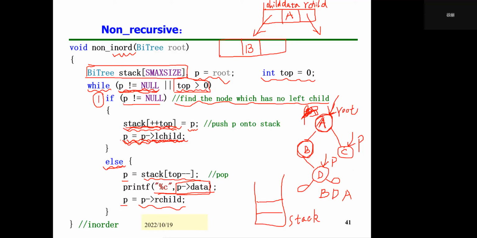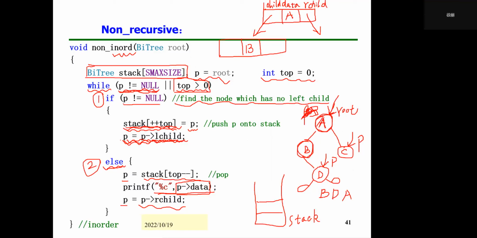When top is greater than 0, that is, when the stack is not empty, that means there are nodes we haven't visited, so we can't end the while loop, right? So here we need to write: while P is not null or top is greater than 0, then we do the if-else. So now P points to C.